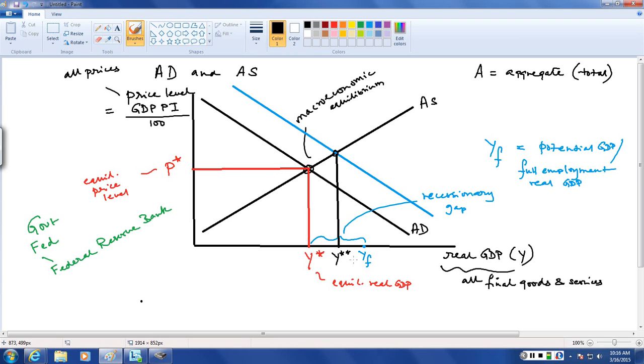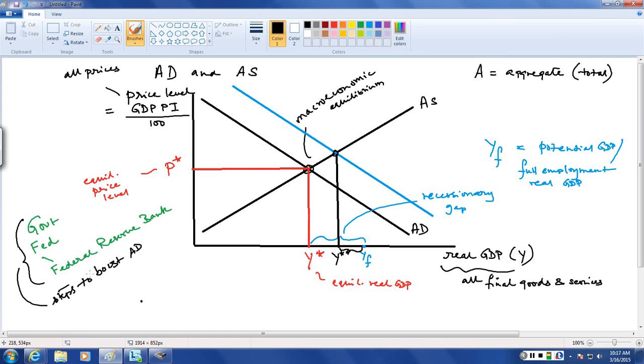What has happened here is that the recessionary gap has narrowed, as you can see. It's a smaller recessionary gap than before. It's only that much now. Now, a further rightward shift of the AD curve may completely eliminate that gap. Do you follow me? So basically, the steps taken by these guys are going to be steps to boost AD in the economy.